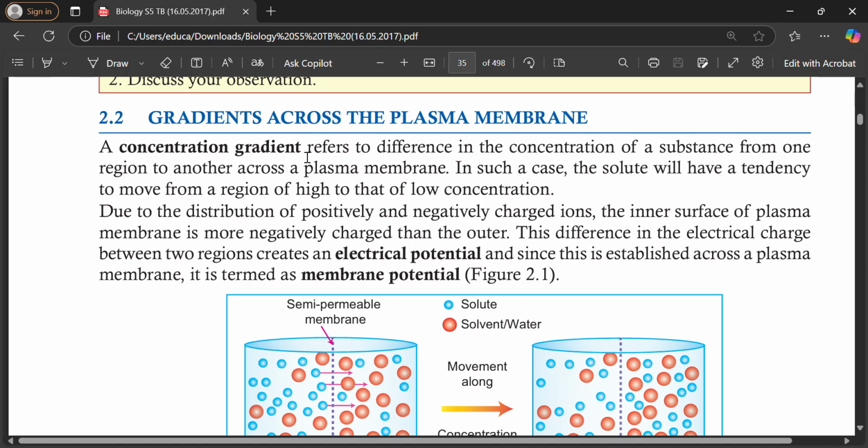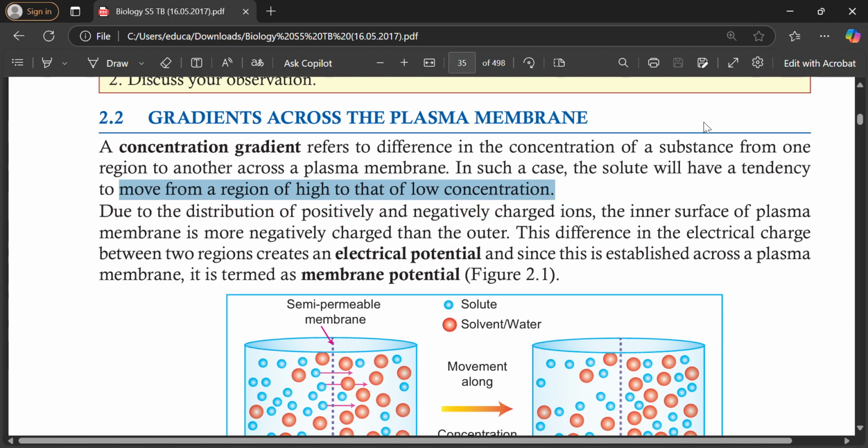Simply, a concentration gradient is the difference in concentration on the sides of a surface. One side can have too much concentration of a certain thing, and the other side too low a concentration. So the substance moves from a region of high to a region of low concentration.